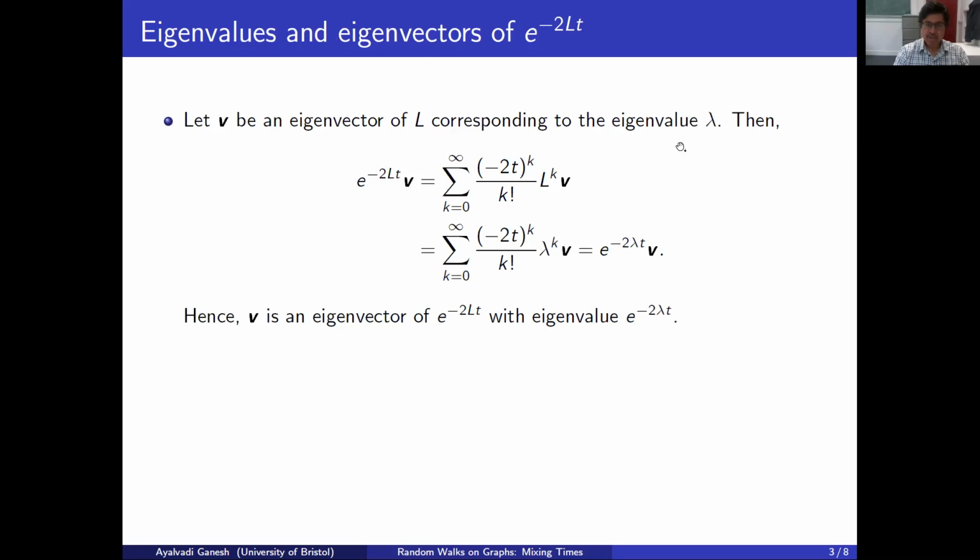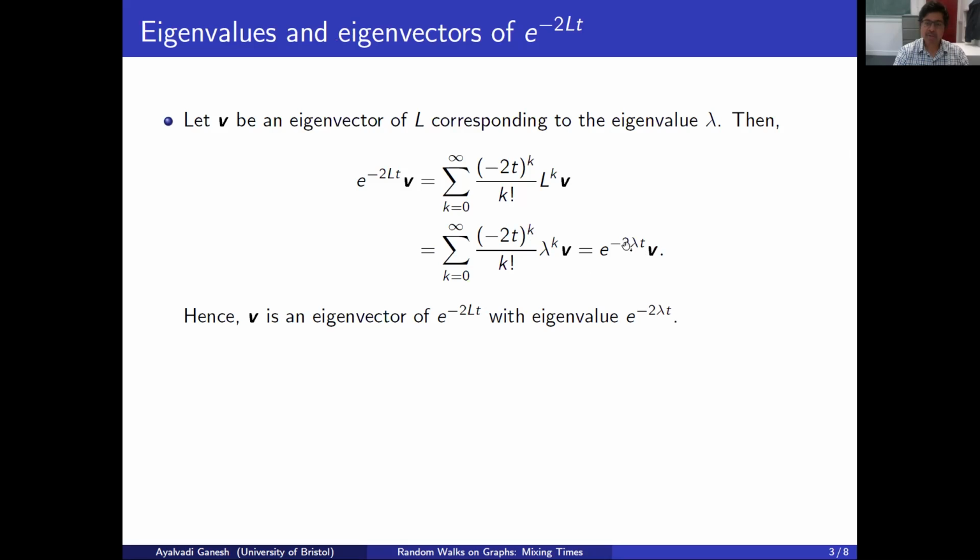Now, what do we get? L times v is lambda times v. That's the definition of v being an eigenvector of L with eigenvalue lambda. So L to the k times v is just lambda to the k times v by repeated multiplication. So we get a sum of scalars times v, and if you add up all these, this is just the Taylor expansion of e to the minus 2 lambda t, where lambda is now a scalar.